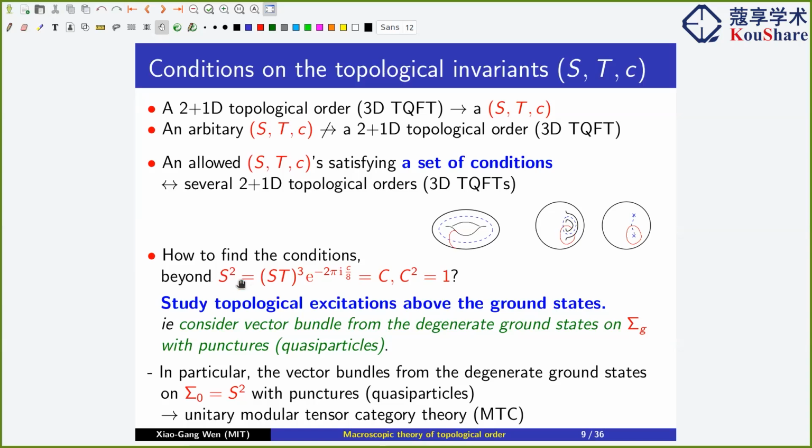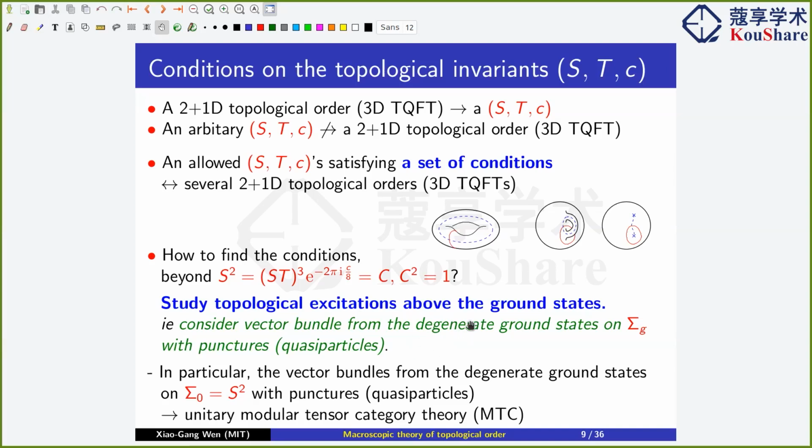This is the defining relation of an SL2Z representation. Any matrices that satisfy this equation give rise to an SL2Z representation. So we need some additional conditions beyond this to select special SL2Z representations.